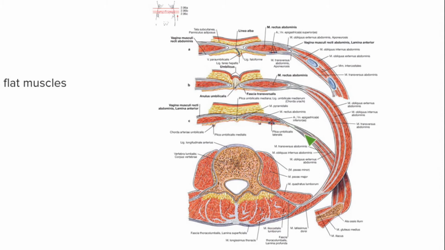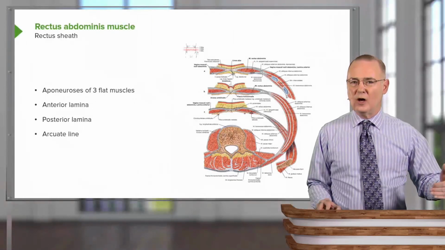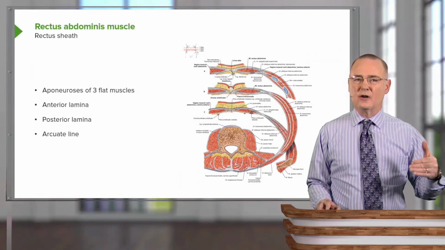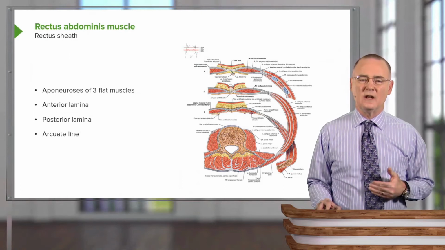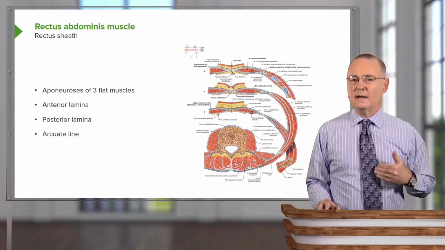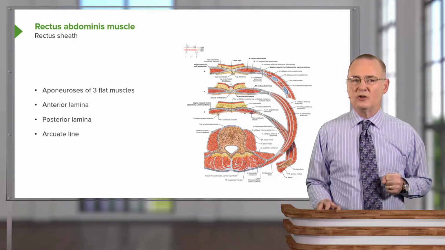And if we come more toward the midline, we see all the aponeurotic fibers converging here, and they will all run anterior to the rectus abdominis. So there is no longer a posterior component or contribution or lamina to the rectus sheath. It is devoid in this inferior location.